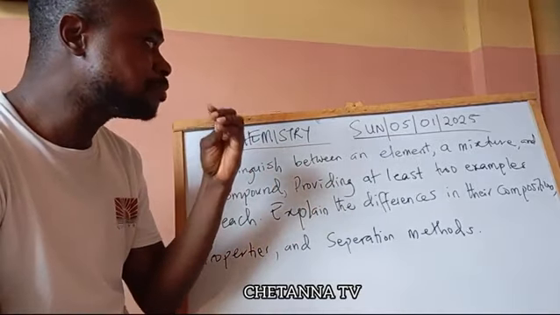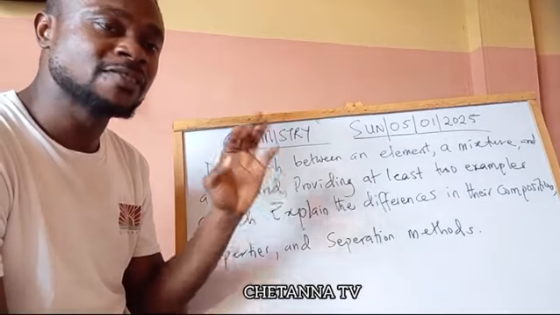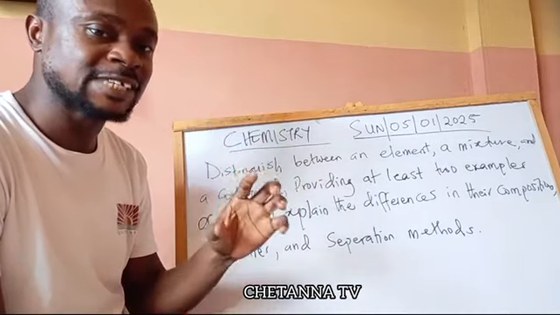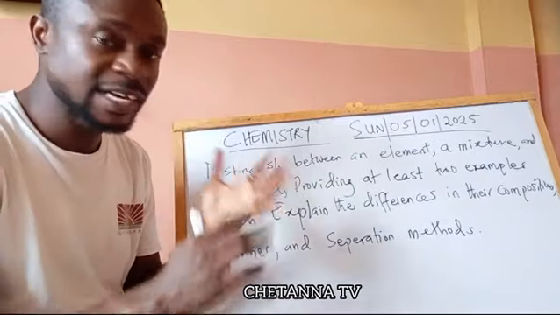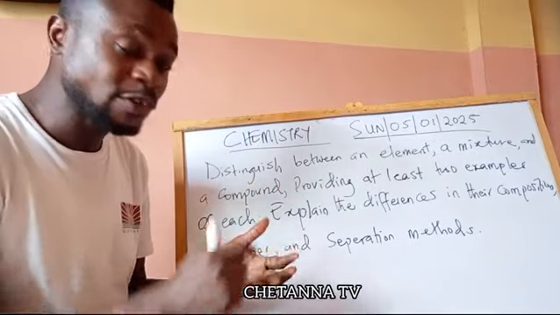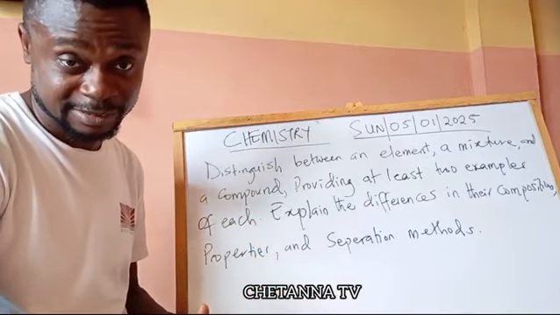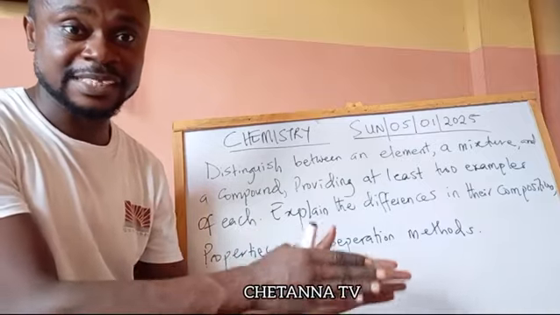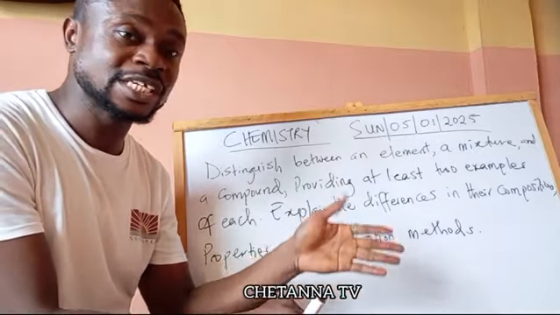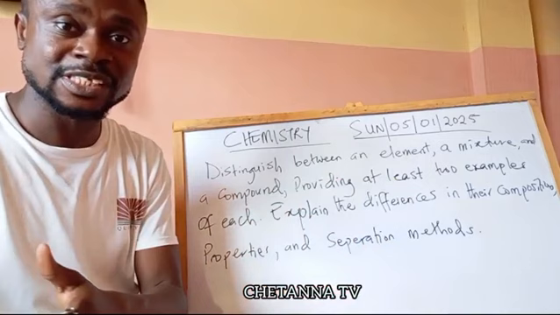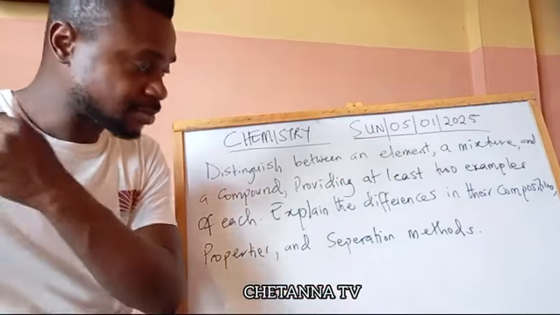An element, mixture, and compound, these are the classification of matter. We have the states of matter, we have the components of matter, and we have the classification of matter. If you talk about the state of matter, you start talking about solid, liquid, gaseous state, even plasma state.